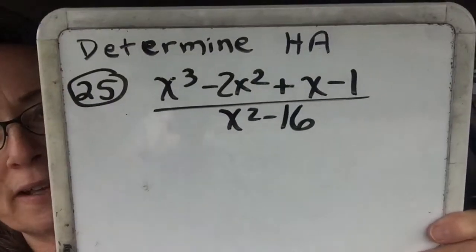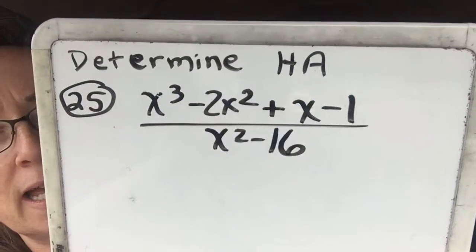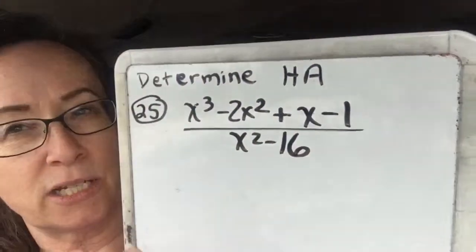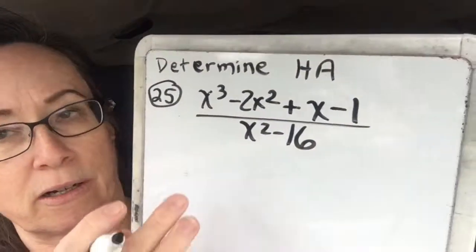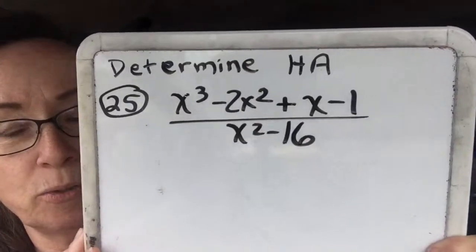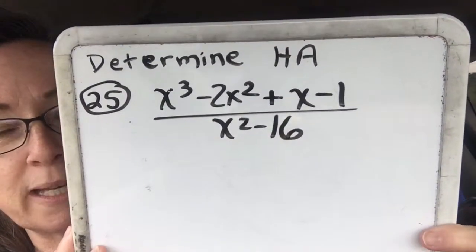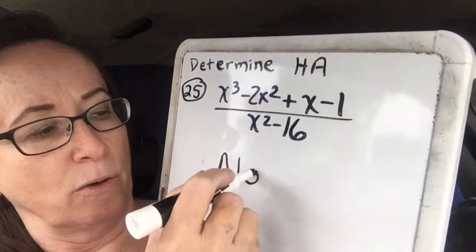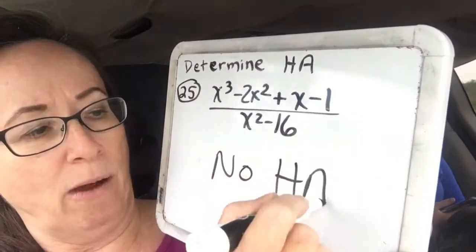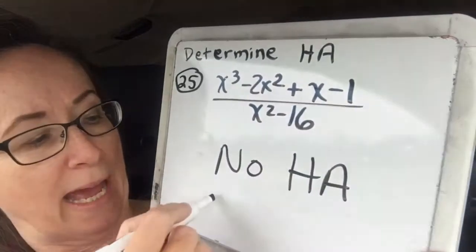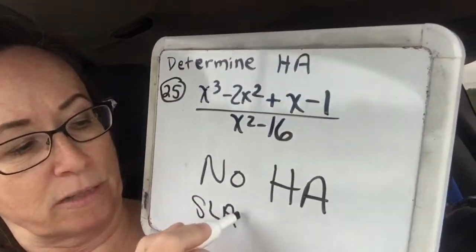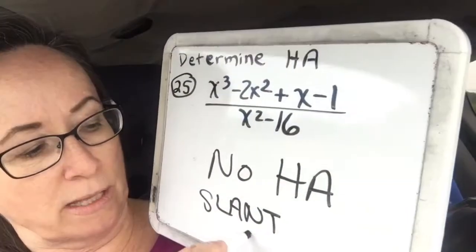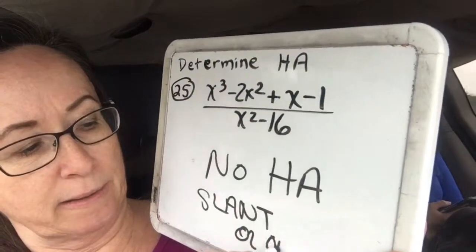So now we're going to find the horizontal asymptote here. Notice that I have a degree 3 in the numerator and a degree 2 in the denominator. So this one has no horizontal asymptote. However, it should have a slant asymptote, which is also called oblique.